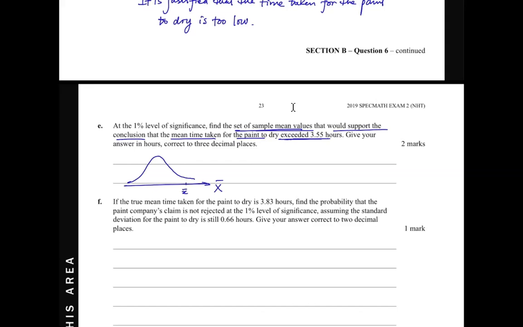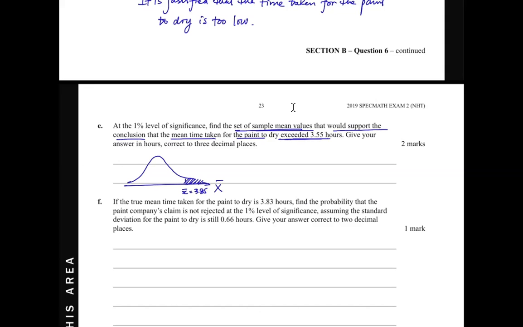This is a small x bar, 3.85. Exceeded 3.55. We want to find the set of sample mean values exceeded.